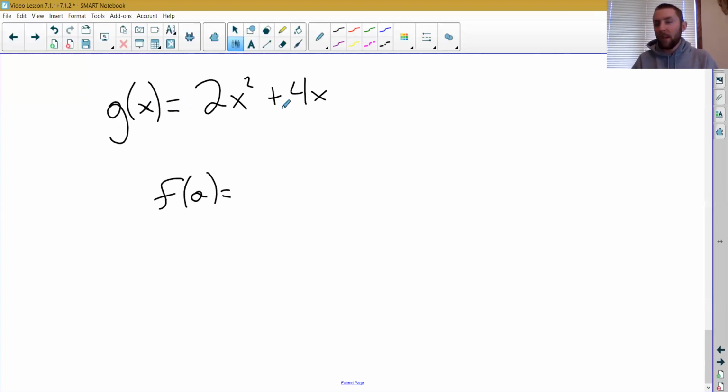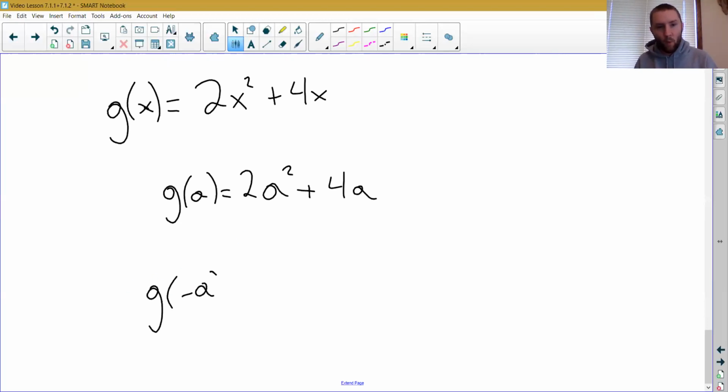Well, again, plugging in g of a is just going to change the x's to a's because a squared is a squared. 2 times that plus 4 times a is 4a, right? So I get this. Now, if I plug in negative a, what happens to the function when I do that? Well, the first part is going to be 2 times negative a squared plus 4 times, instead of x, I'm going to put negative a.